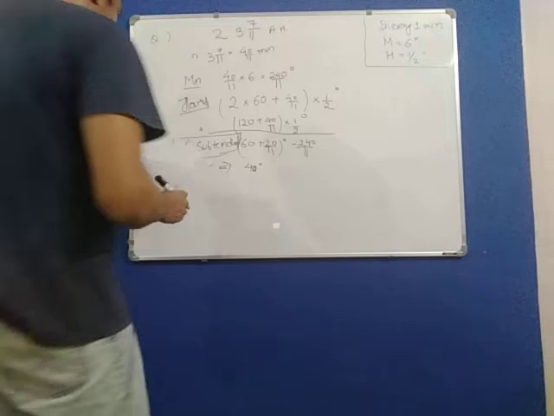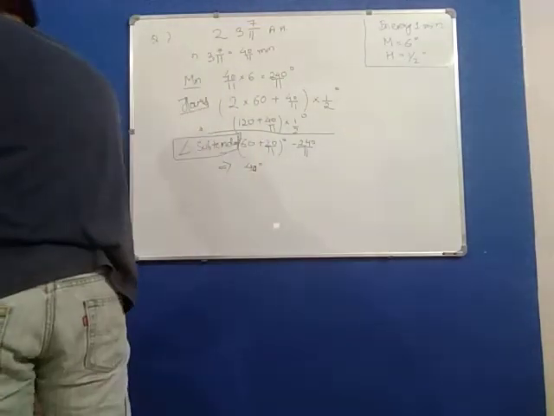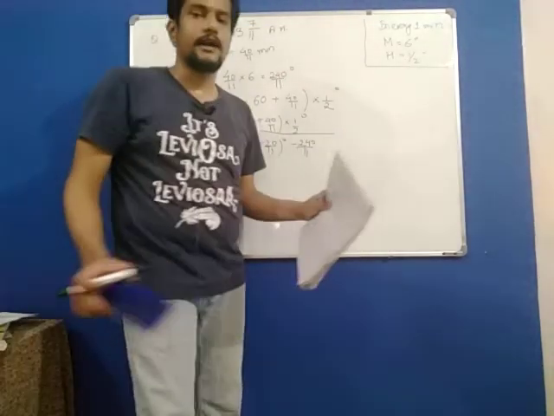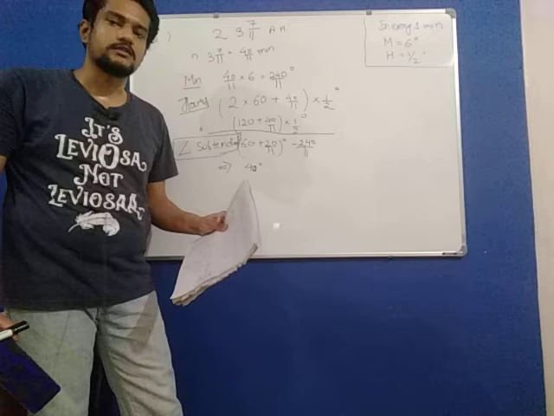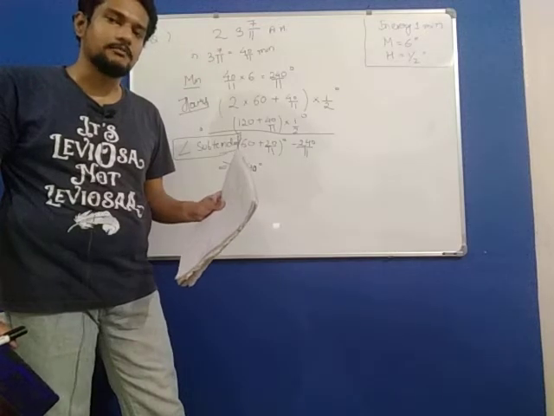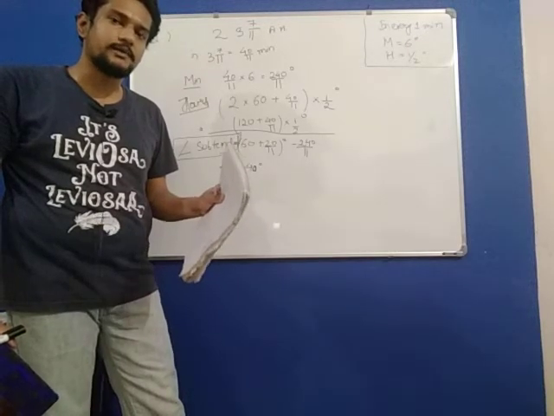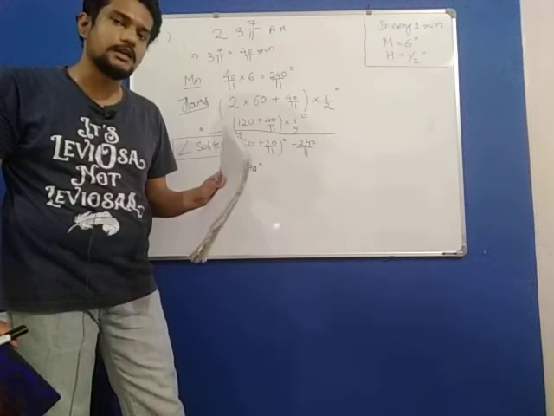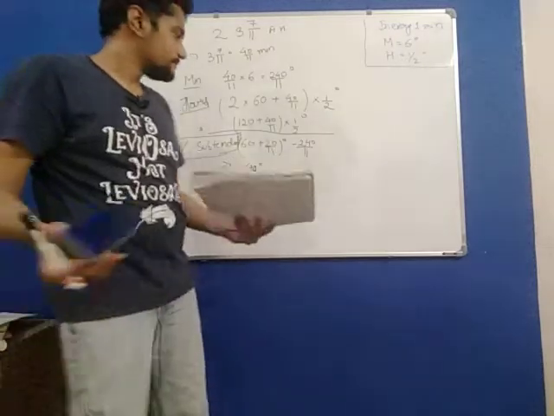Now the next type of question is that the angle between the hour's hand and the minute's hand will be given to us, and we will have to calculate the time at which the angle between the hour's and the minute's hand will be equal to the given angle.